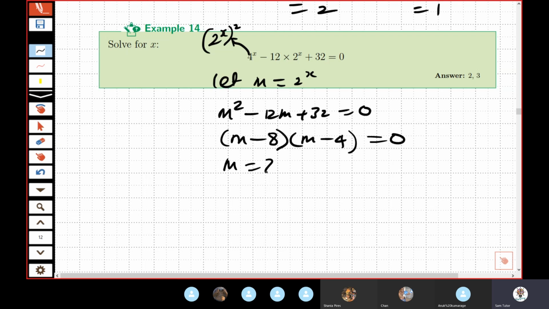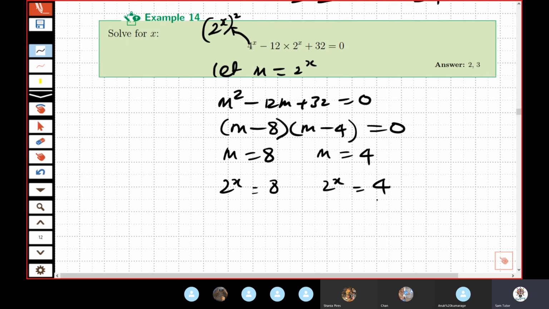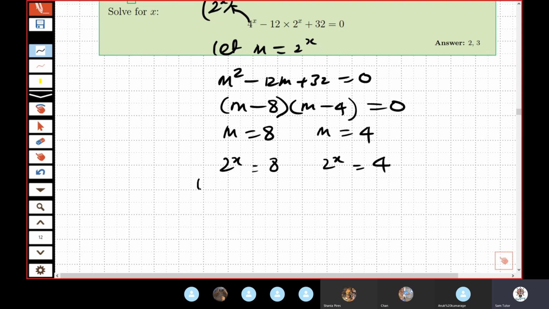So m is 8, m is 4, 2 to the x equals 8. You can probably see the answer. 2 squared is 4, 2 cubed is 8. If you can't see the answer, log both sides, and then you'll get log 8 on log 2 and log 4 on log 2.